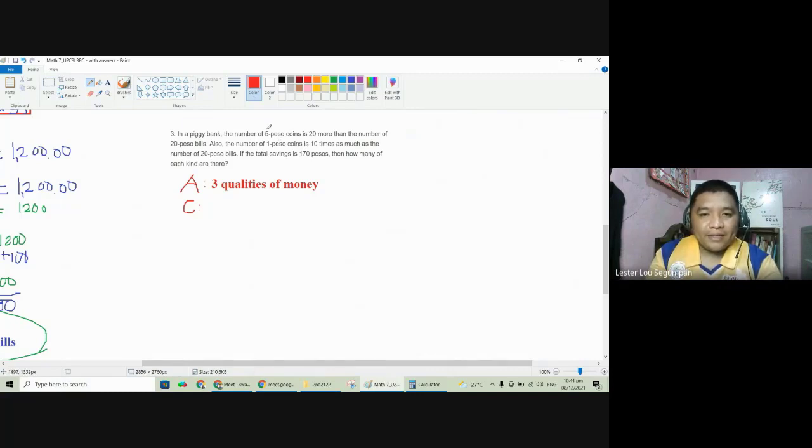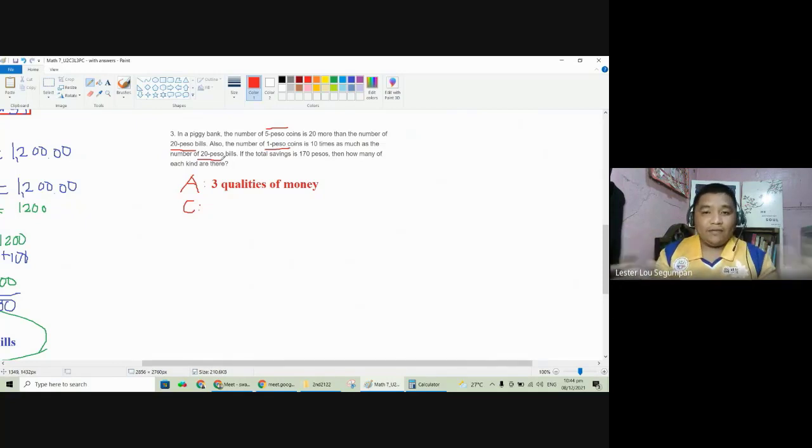The number of 5 peso coins is 20 more than the 20 peso bills. So the number of 5 peso coins is connected to the number of 20 peso bills and vice versa. The second statement, the number of 1 peso coins is 10 times as much as the number of 20 peso bills. So the number of 1 peso coins is connected to the number of 20 peso bills.